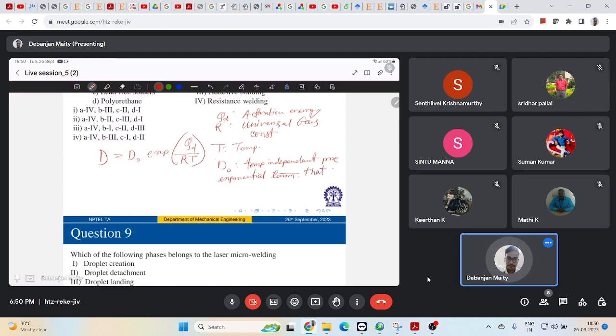Again, this will be empirical, depending on the material combination.